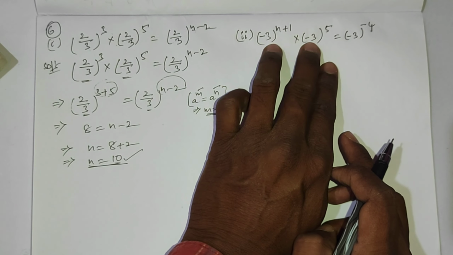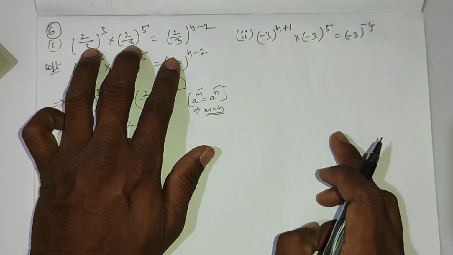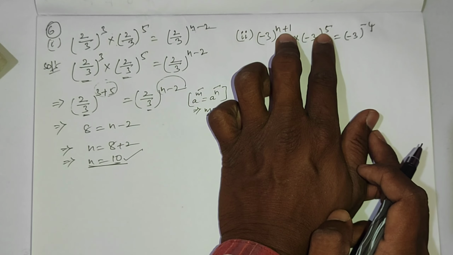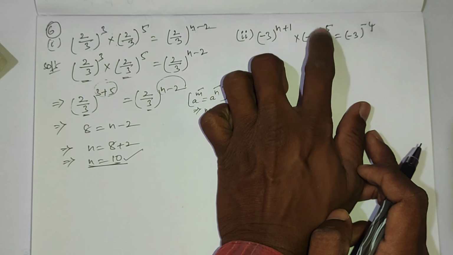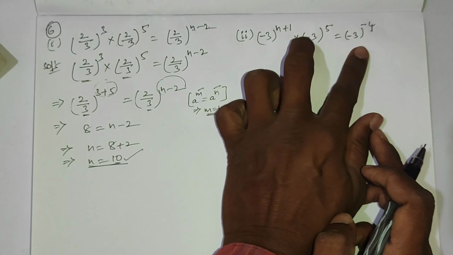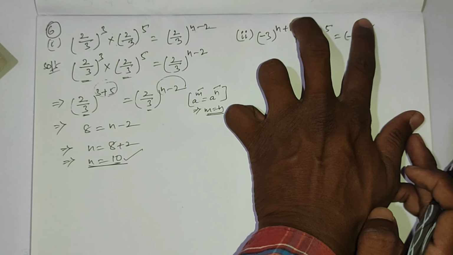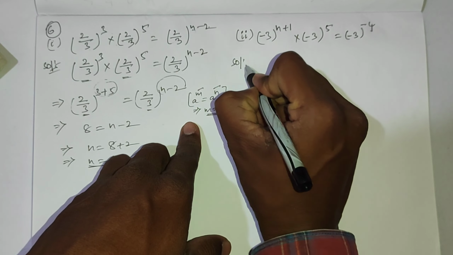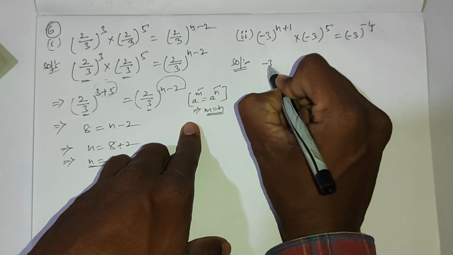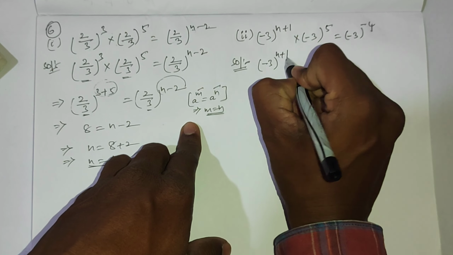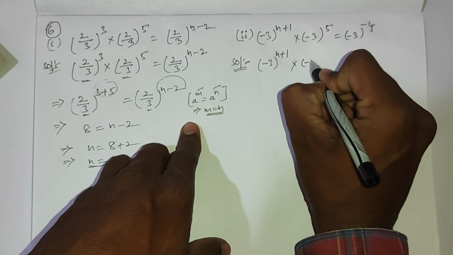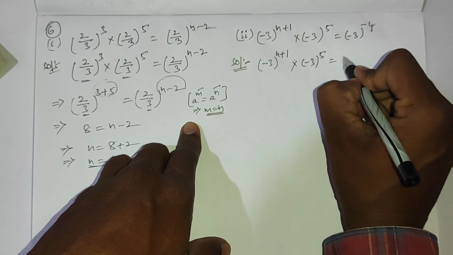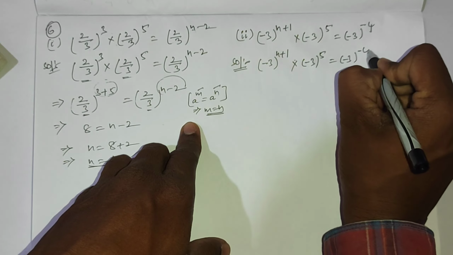The bases are the same, so we add the exponents, since a^m into a^n is equal to a^(m plus n). We'll write the step by step process.